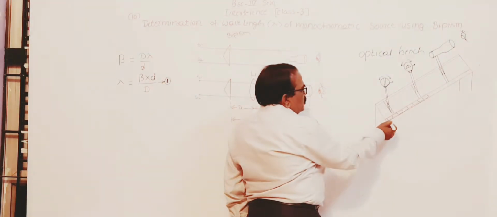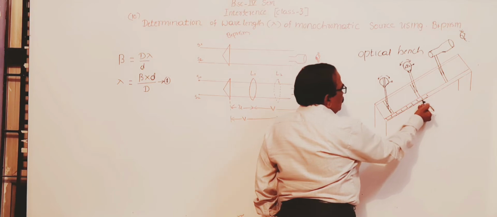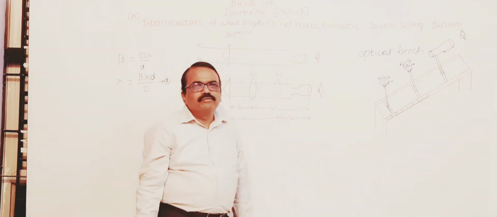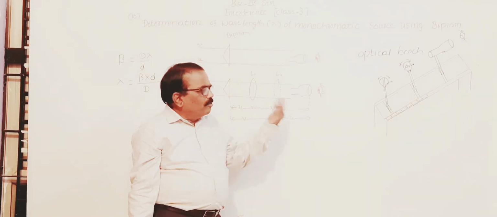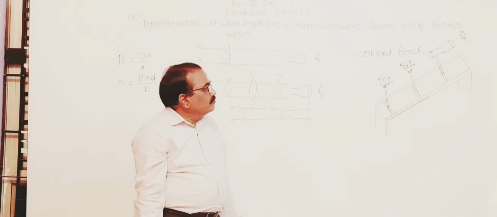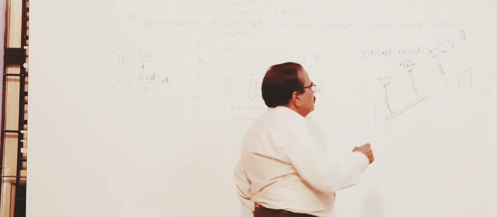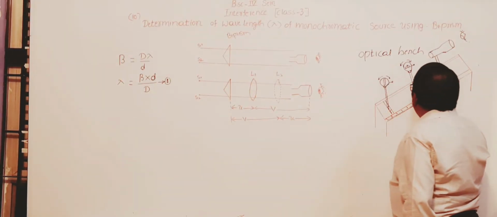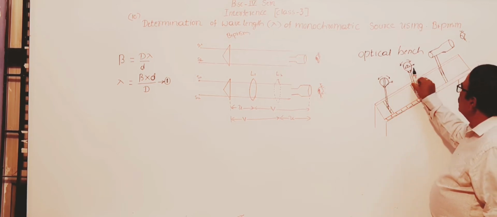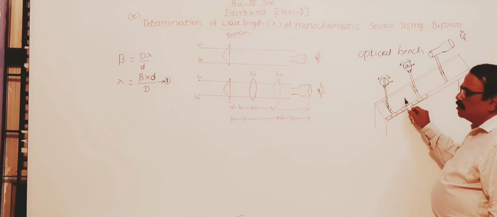And it is graduated in centimeter. The length of that bench is about 3.5 meter. Then there are 3 vertical stands mounted on this optical bench.